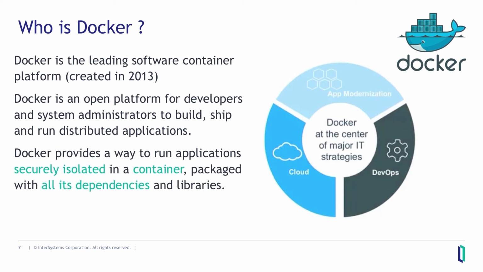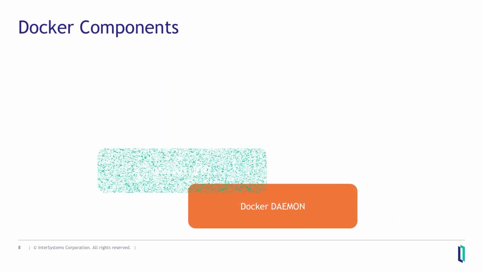The main actor in this arena is clearly Docker. Despite the fact that Docker is only 4 years old, it claims to have the biggest companies in this arena. Think about Netflix, GE, PayPal, just to name a few, running Docker in production at a very high level.